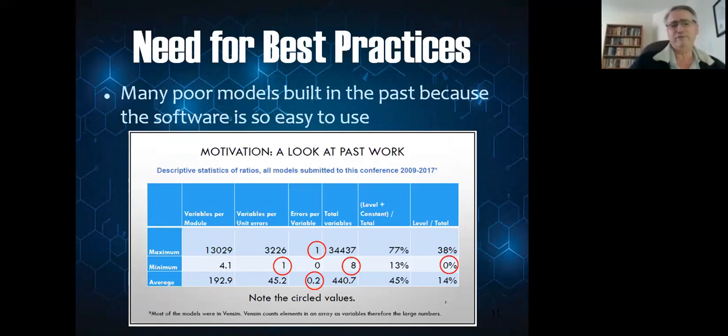And that's an average of 20% of the variables in the models have unit errors. And one model actually had 3,226 unit errors. These are unacceptable numbers, and we need to improve the way we build models. We need to use best practices.